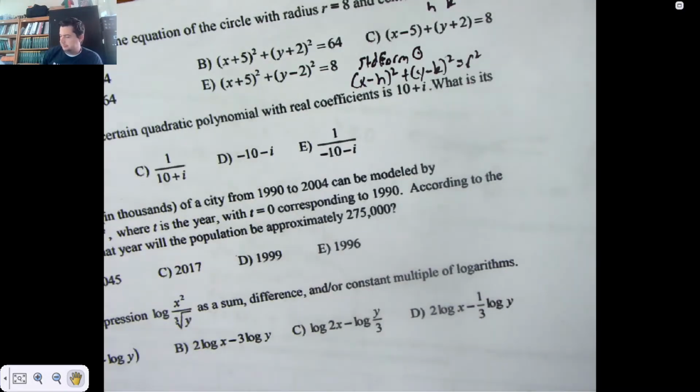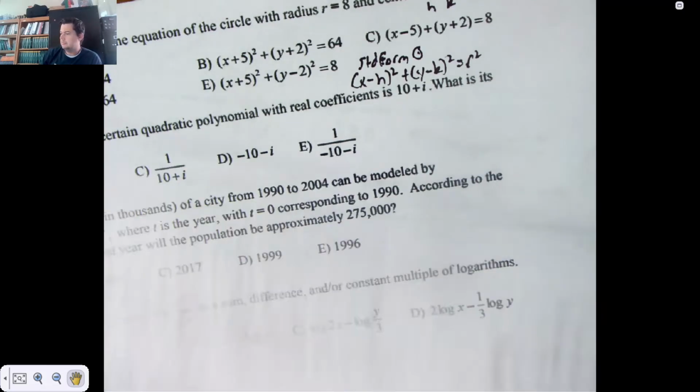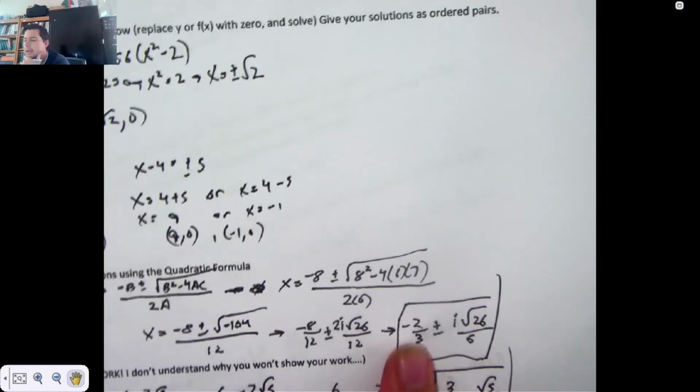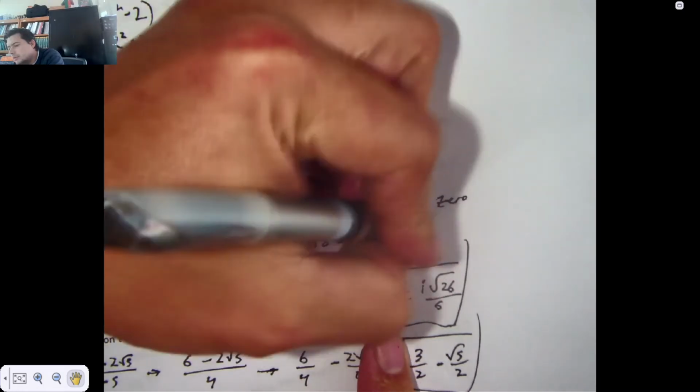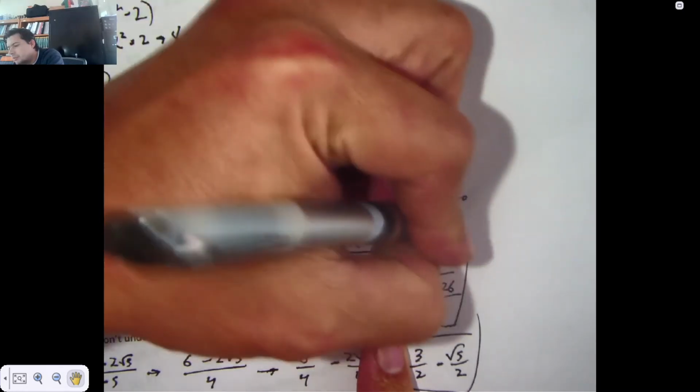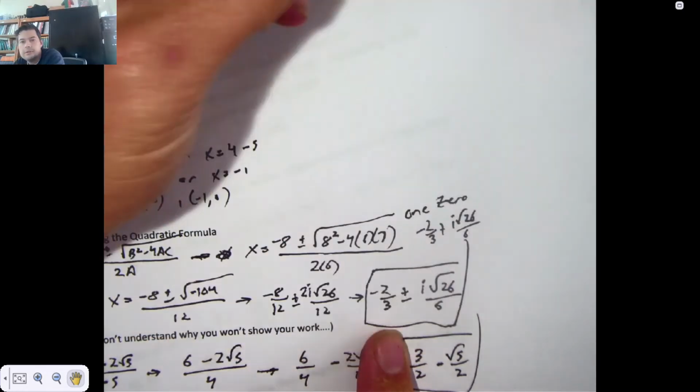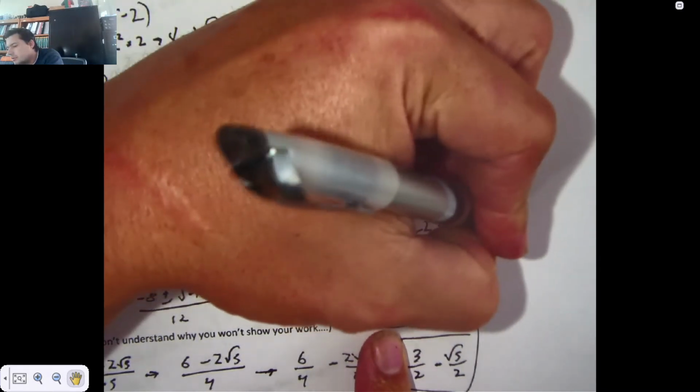Right here. So I'm looking back at number 6. One zero was -2/3 plus i root 26 over 6. And the other was -2/3 minus i root 26 over 6.